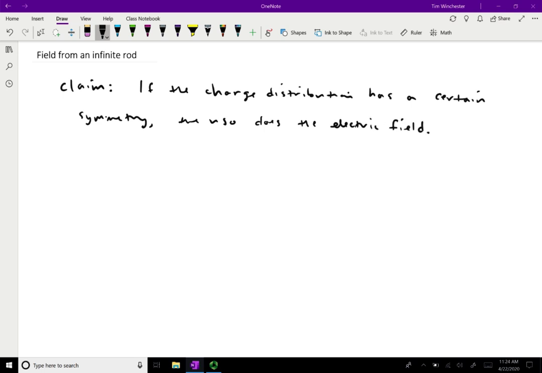Okay, so why should that be true? Why would the charge distribution being symmetrical mean the electric field also has to be symmetrical? Well, the reasoning is that if the charge causes the electric field, which is the way that we've been thinking about it up to this point, then the same charge must lead to the same electric field.